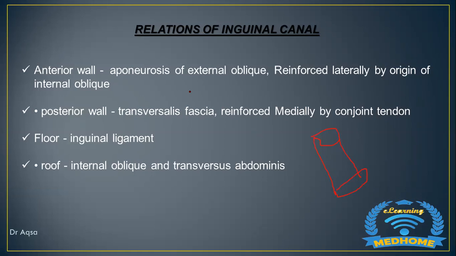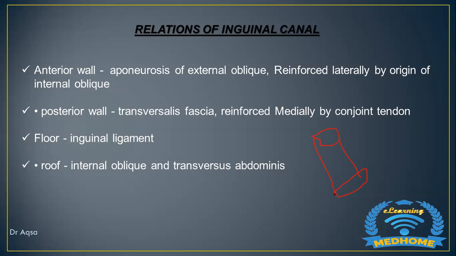The anterior wall is the aponeurosis of the external oblique muscle, and it is reinforced by the internal oblique muscle. The posterior wall is formed by the fascia transversalis, and medially it is reinforced by the conjoined tendon. That is, the strength is given medially by the conjoined tendon.